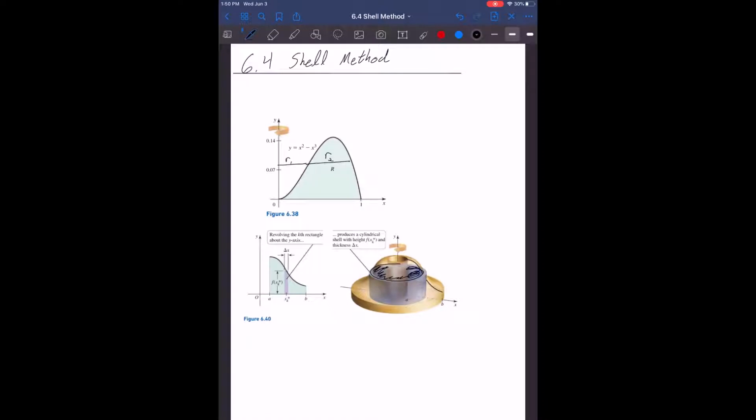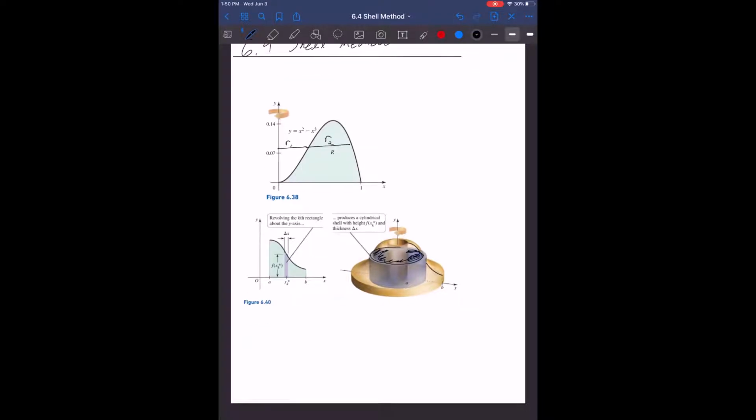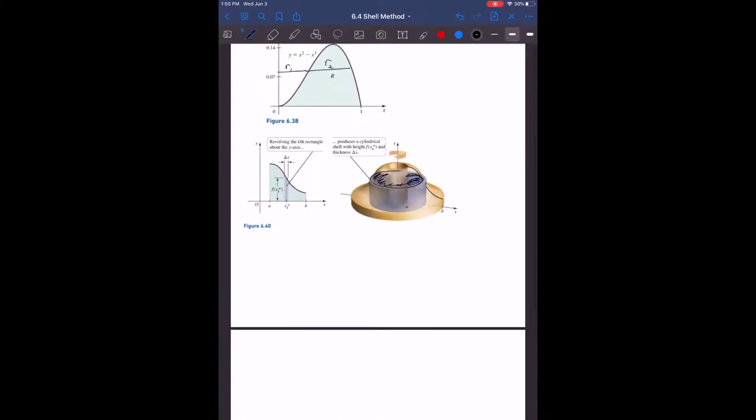What this allows us to do is, instead of looking at this as a function of y, we can look at it as a function of x. If we are looking at the area of a hollowed out cylinder like this, exactly the picture we were talking about before, let's say it has a radius of r and a height of h.